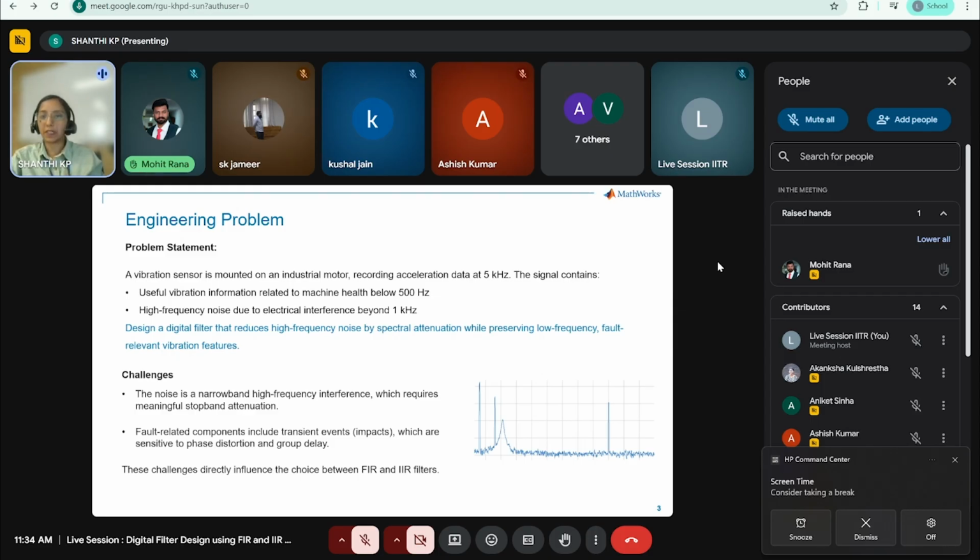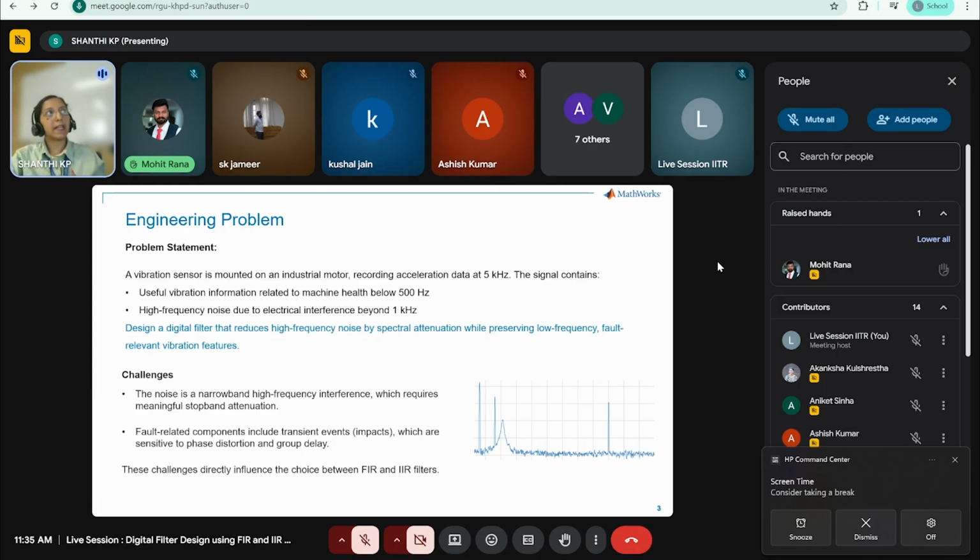So identifying filter specification is very important when coming to filter designing. Another challenge here is that fault-related components can include transient events, which are sensitive to phase distortion and group delay. These challenges directly influence the choice between FIR filter and IIR filter.